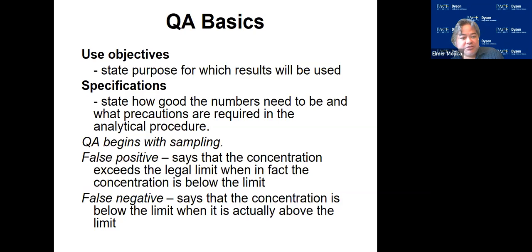So if we're going to look at the basics of quality assurance, in the objective here, you state the purpose for which the results will be used. And then in the specification, you state how good the numbers need to be and what precautions are required in the analytical procedure. Now, the most important thing that they said you need to do in analysis has something to do with the sampling.